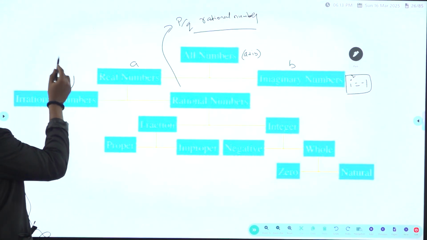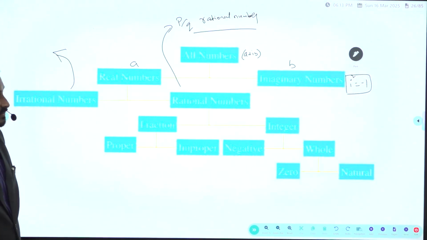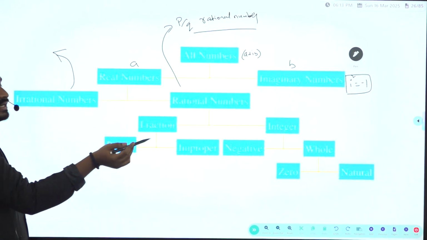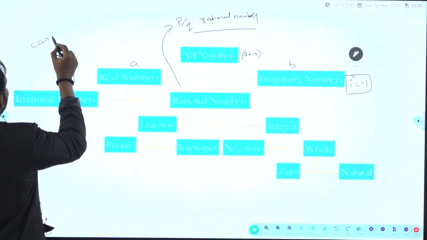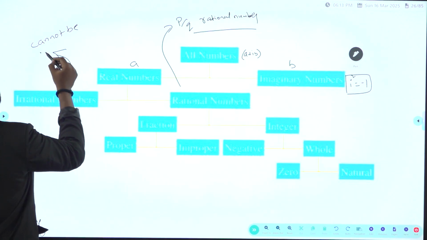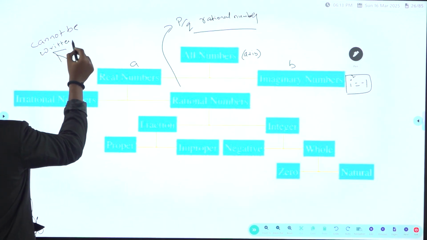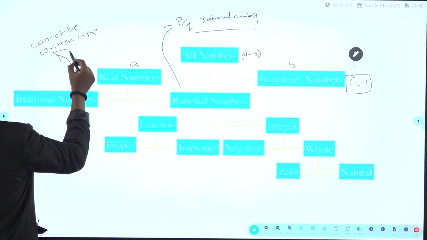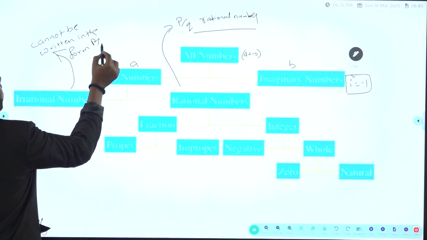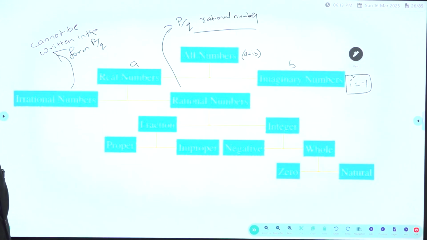Now what is meant by an irrational number? Any number which cannot be written in the form of p by q.